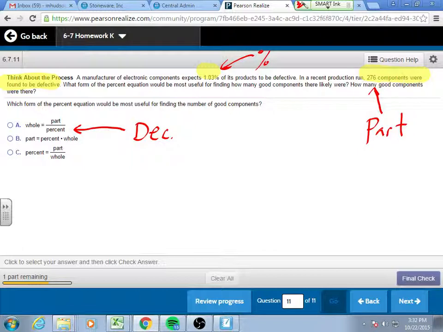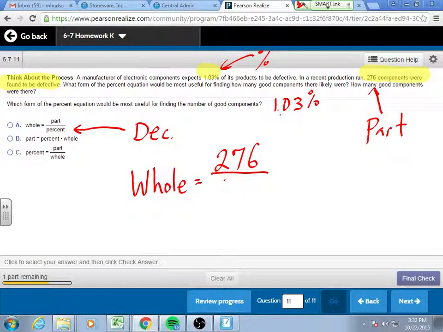So when we go to find the whole, the total amount of components they made, we can take their 276 and divide it by the decimal form of my percent, which is 1.03%. When I convert that, I now have to put a 0 in front, so I get 0.0103 as my decimal form.